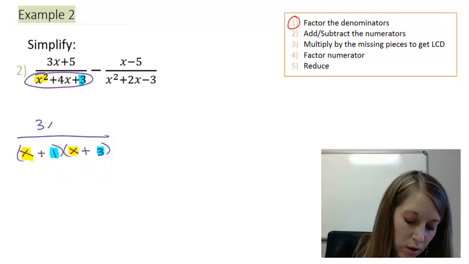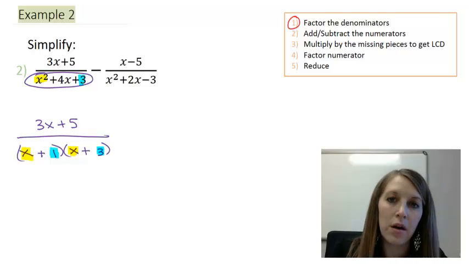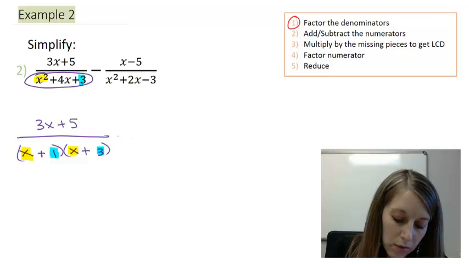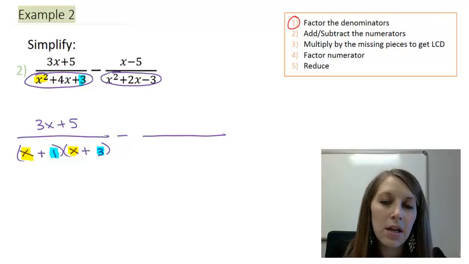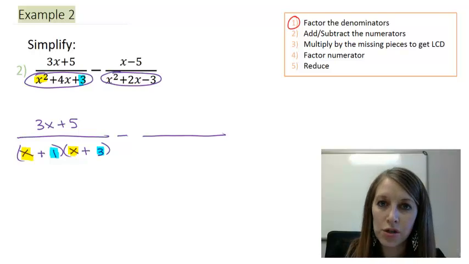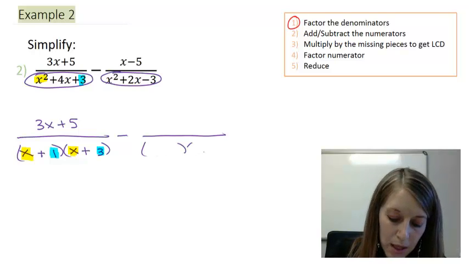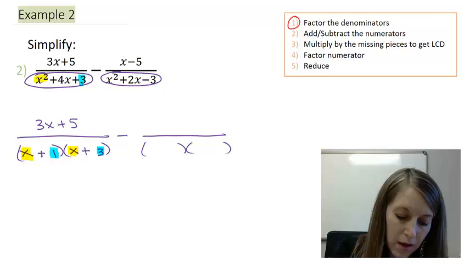And I'm just going to copy my numerator down. So let's look at my second denominator here. Same process. Descending order, no common factors, 3 terms, so I set up my parentheses for a trinomial. Factors of x squared, I only have one choice of x times x.